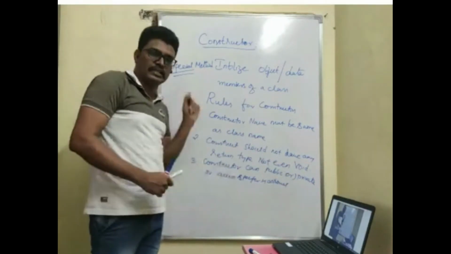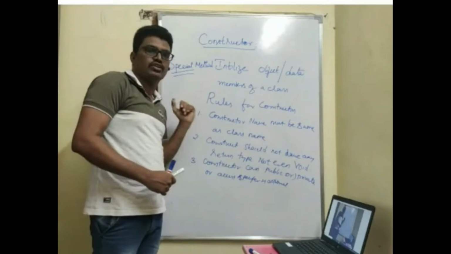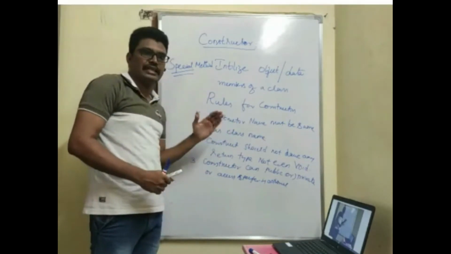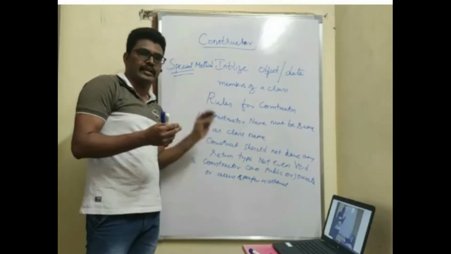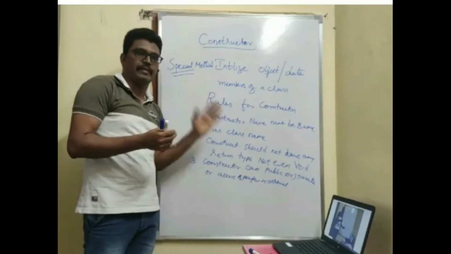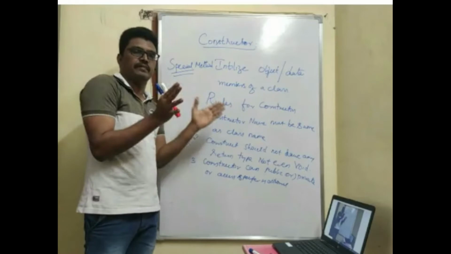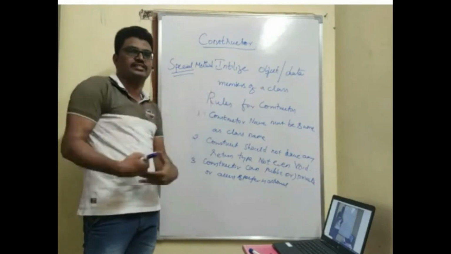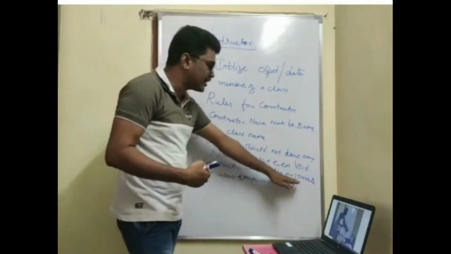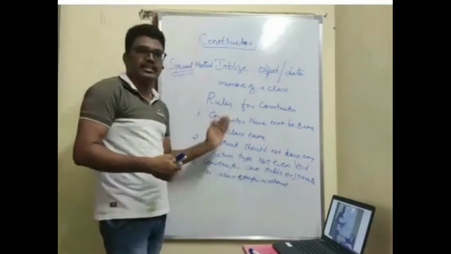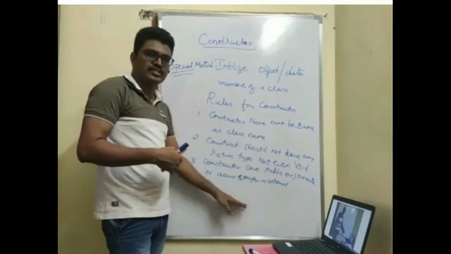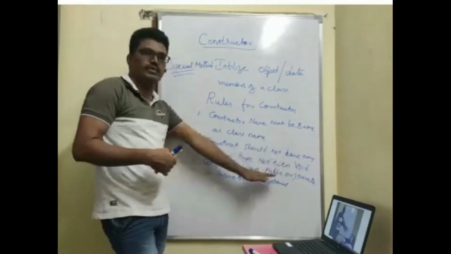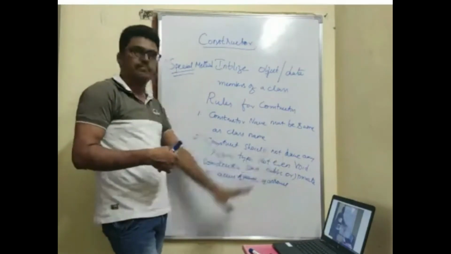You may get a doubt why a constructor should be private. See, any member, whether it is a data variable or a method, if I make it private, it cannot be accessed outside of the class. Now, what is the need to make a constructor private? We'll discuss in later classes. After finishing all the types of constructors, at the end, if possible today or tomorrow, we'll discuss private constructors.